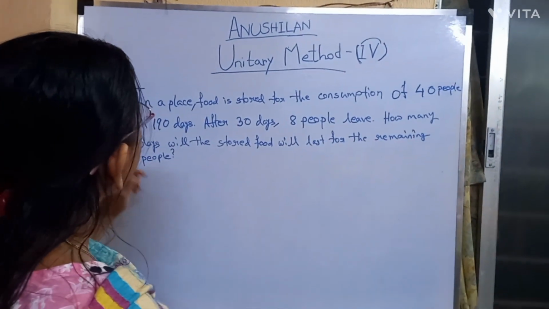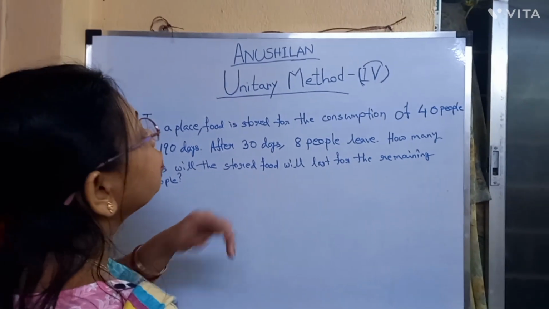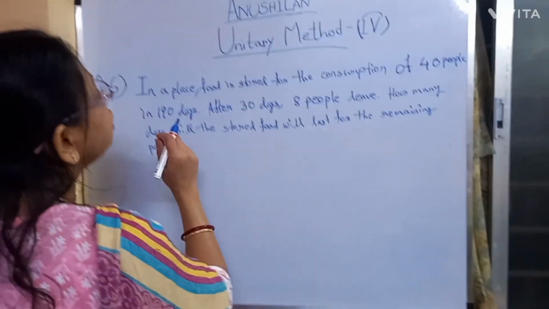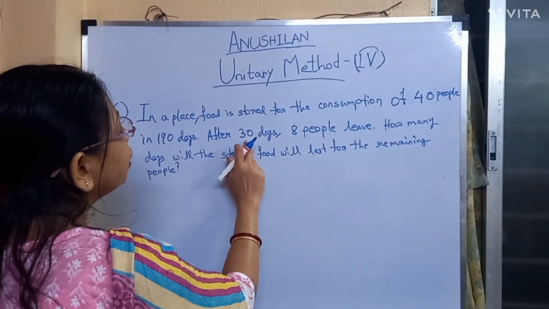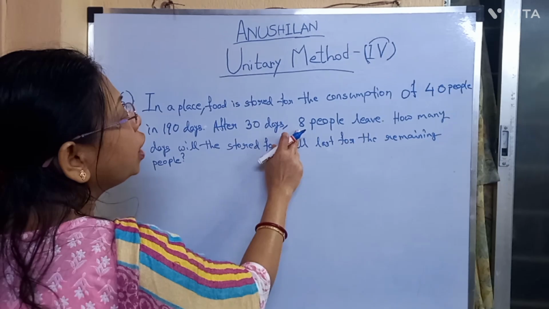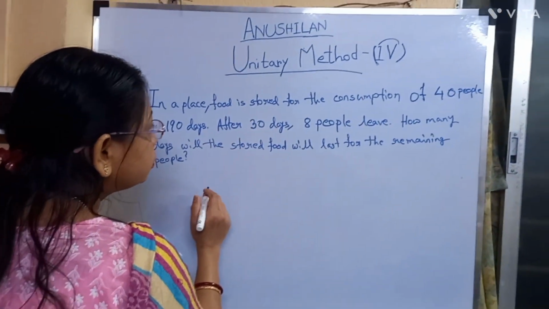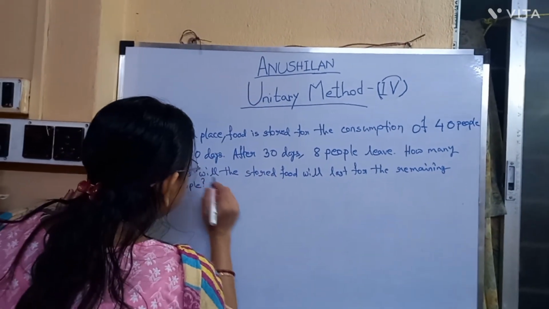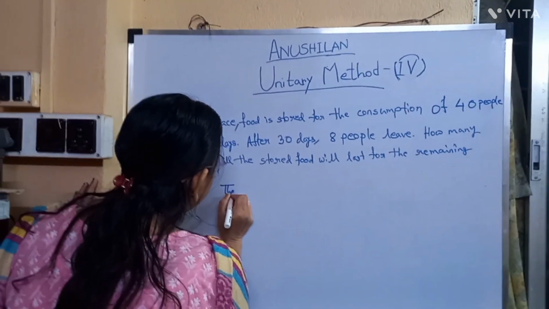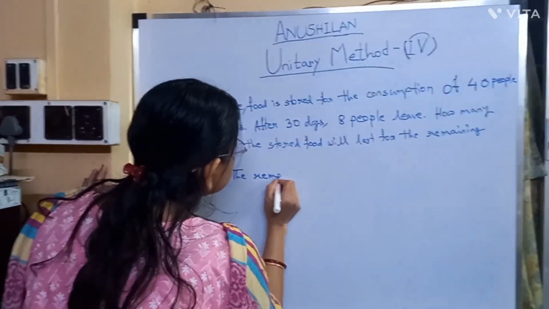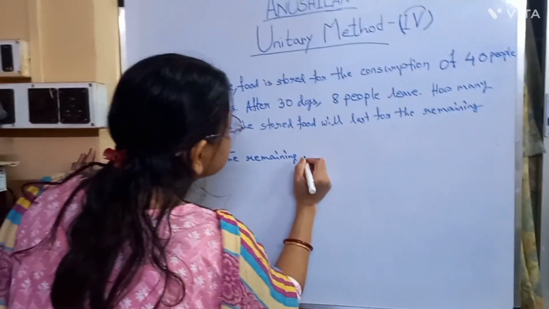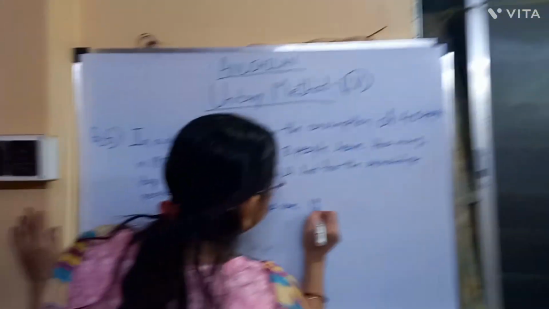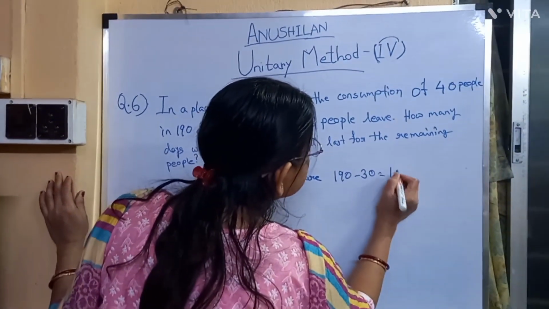Before making the tabular structure, I have to calculate like the previous problem. 40 people can feed for 190 days. But after 30 days, 8 people leave. First of all I calculate the remaining days. The remaining days are 190 minus 30 equal to 160 days.